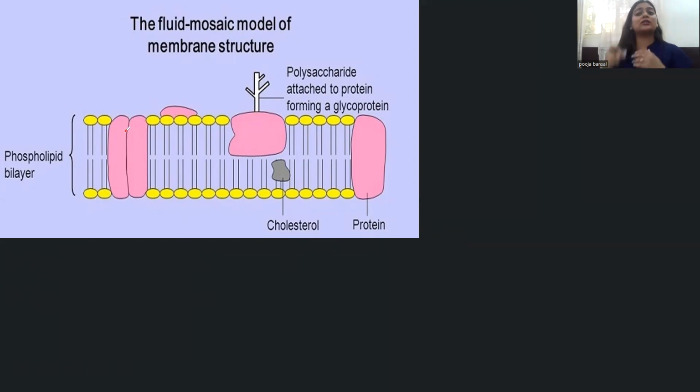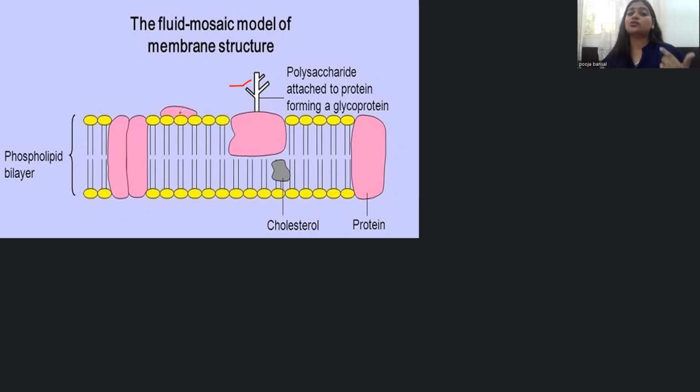So this model suggests that our cell membrane is made up of a double phospholipid layer, and these are lipids basically, and these are polysaccharides which are attached to the protein. Now what is this? This pink colored structure that you can see in between the lipids, they are proteins, and some proteins you can see outside the lipids also.